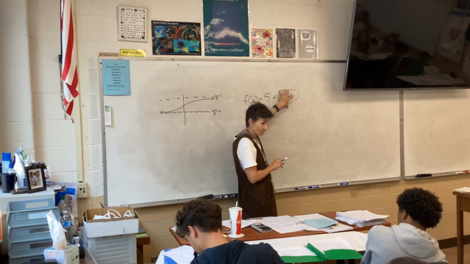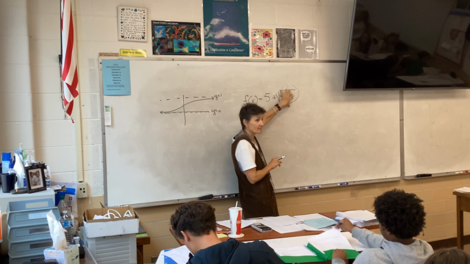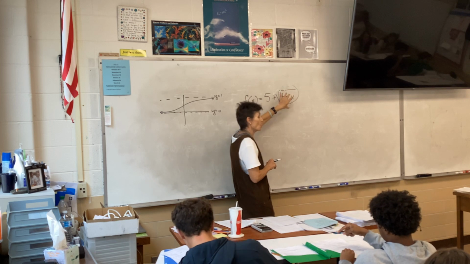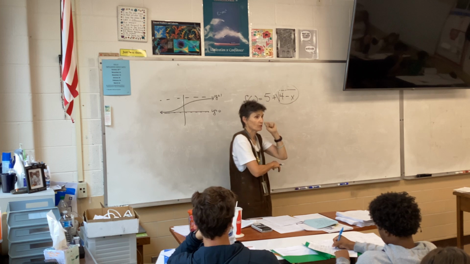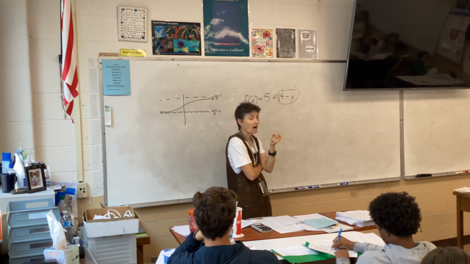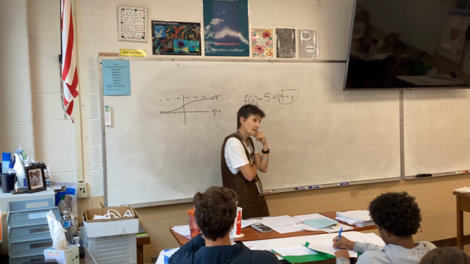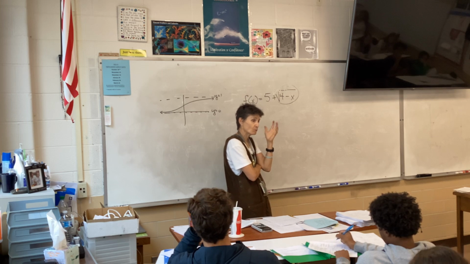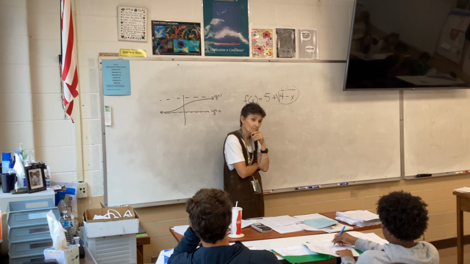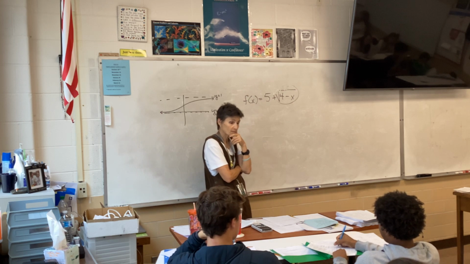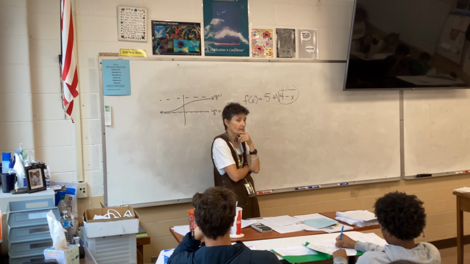The smallest this part can be is 0. So when I add 5 to it, the smallest the whole function could be is 5. So your range is everything from 5 to infinity, including 5. Now it's not two parts, that's the range.